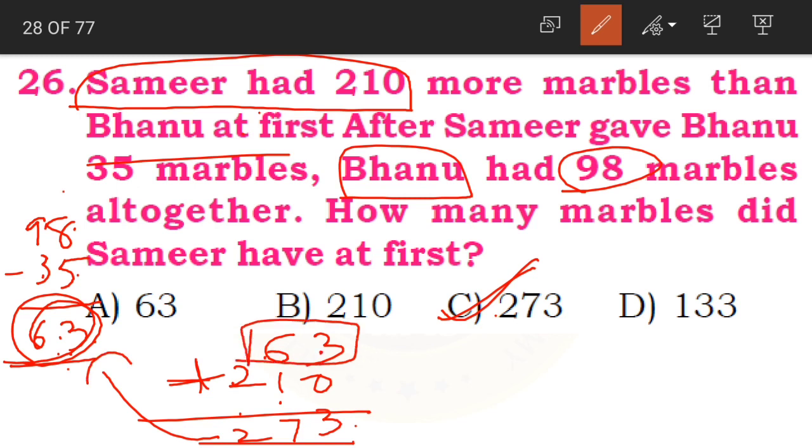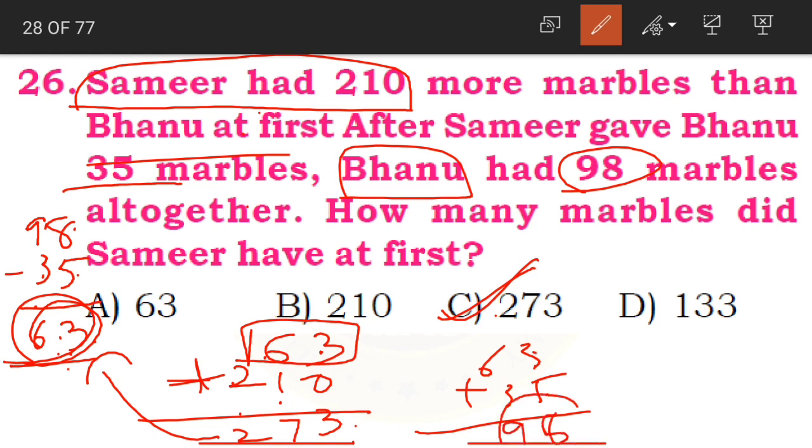Then what did Samir do? Samir gave 35 marbles. Yes, that means 63 plus 35. Yes, Bhanu had 63. Now Samir gave 35 to him. 3 plus 5 is 8. 6 plus 3, 9. Now Bhanu has how many? 98 marbles. Clear, children? See, these are very simple if you understand what they are saying in the question.